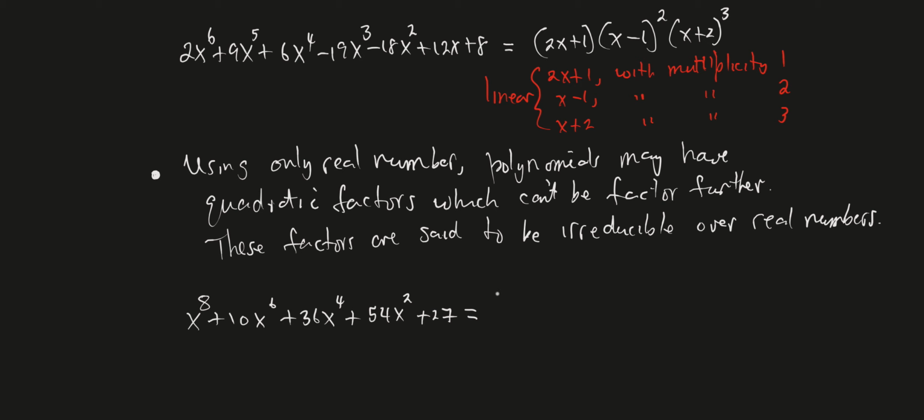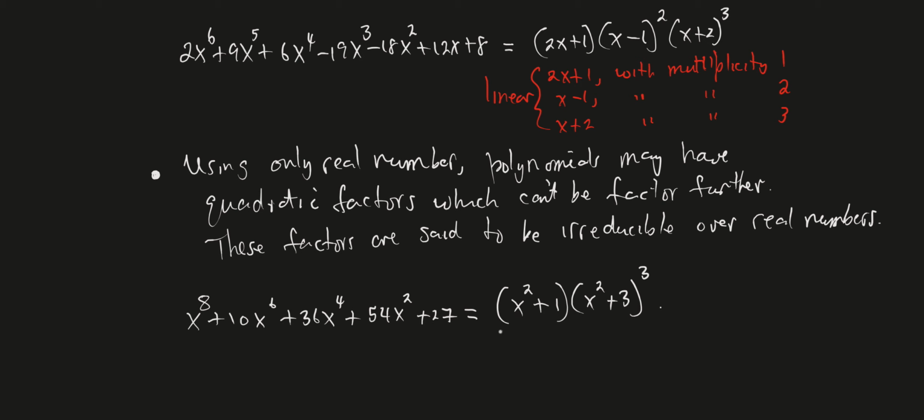That is equal to x squared plus 1 times x squared plus 3 to the third power, right? Now, when you look inside, you see something that's not linear. We know it's not linear because we see this particular power. We can see that it's a quadratic, and the thing is, we can't factor this anymore. You can try, but you won't be able to find a factorization using real numbers.